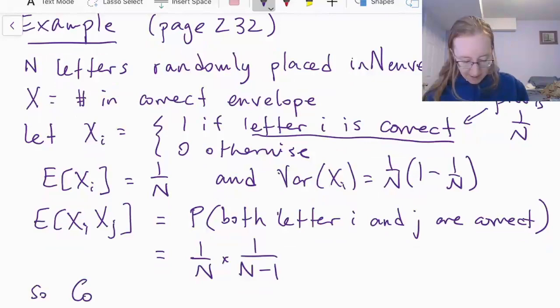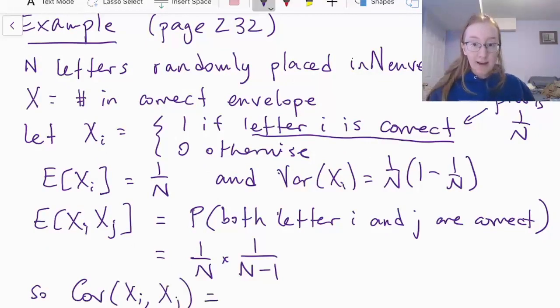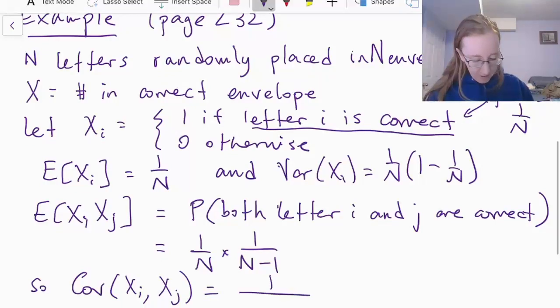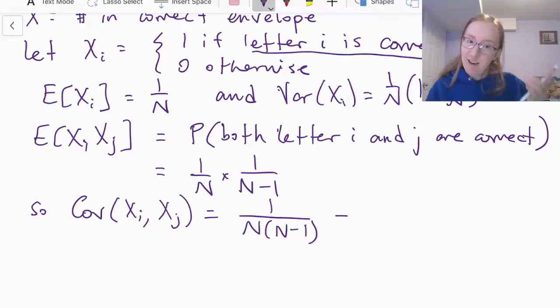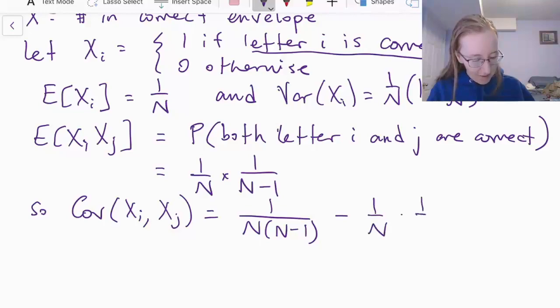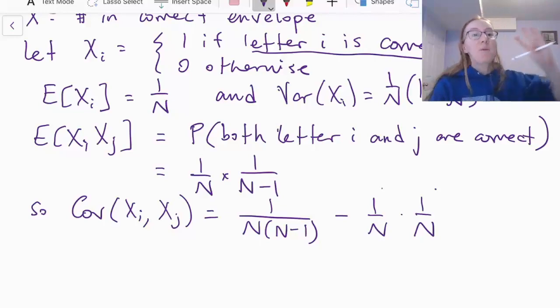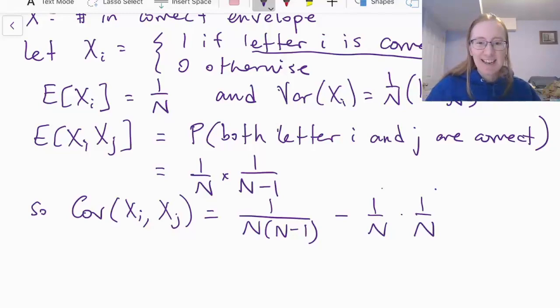So the covariance of xi with xj is what we just calculated, E of xi xj, so 1 over n times n-1, minus E of xi, not variance, times E of xj. So that's 1 over n, and that's 1 over n. So this is E of xi, and this is E of xj. So we can simplify that a lot easier than before, because we have 1 over n times n-1 minus 1 over n squared.